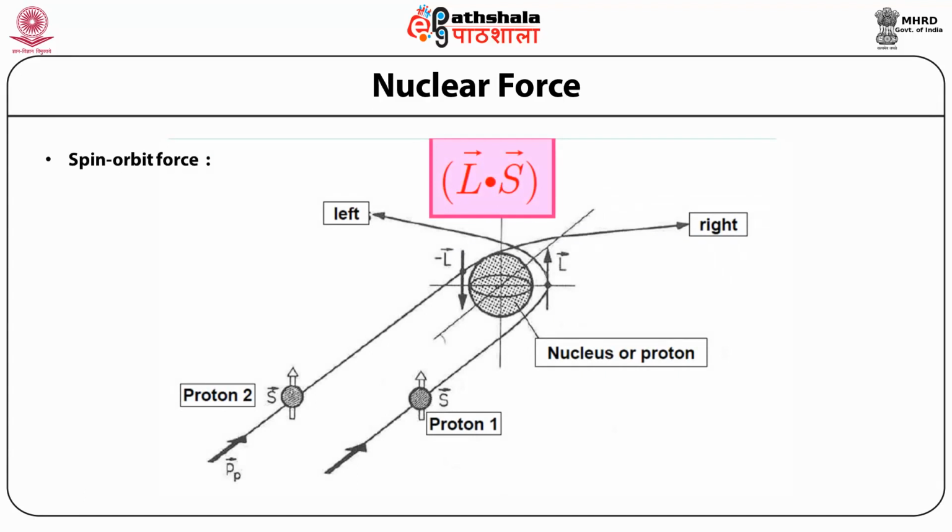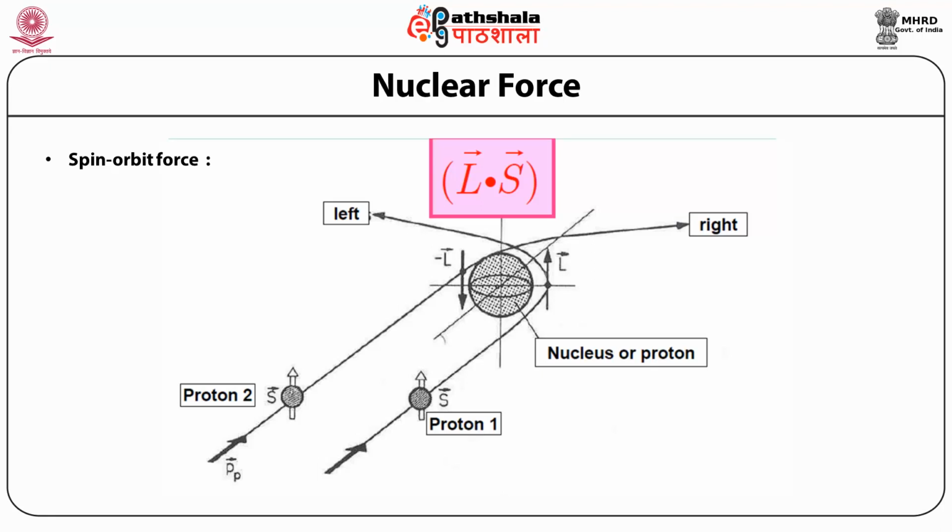Nuclear force, we continue our discussion about the properties of nuclear force. Now here in this picture is shown the spin dependent nature of nuclear force. Here we can see that two protons are going towards a nucleus. It means in a reaction, two protons are bombarded. These protons have the spin direction perpendicular to the beam direction.